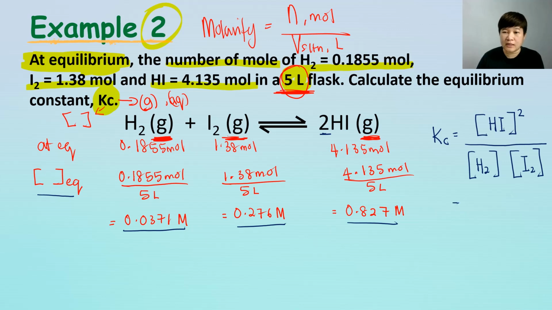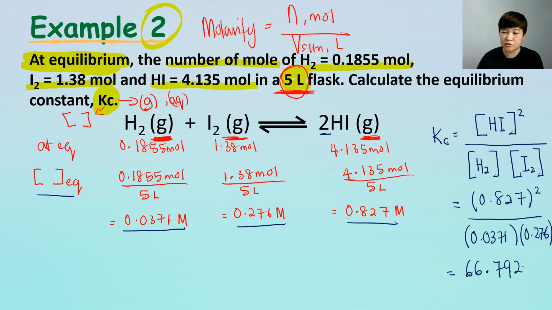So put in the value that you have calculated for the concentration of HI, 0.827 squared over 0.0371 times 0.276. Press your calculator, work it out and solve it. The value calculated is 66.7926, and that is the Kc calculated.